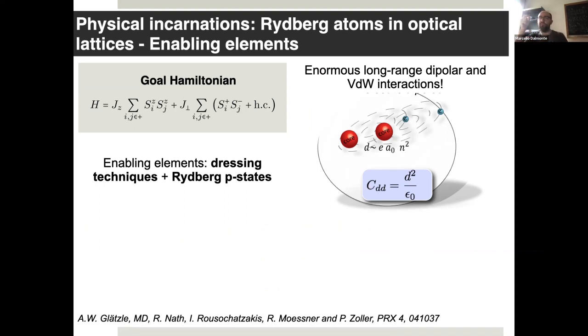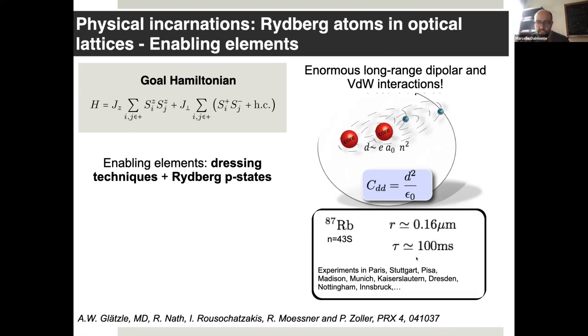The size of this wave function can span several tens of nanometers. An atom in this configuration is essentially a huge dipole. These Rydberg atoms interact through an induced dipole-dipole interaction, what we call van der Waals interaction, up to distances which are typical in these atomic systems, even a couple of microns.